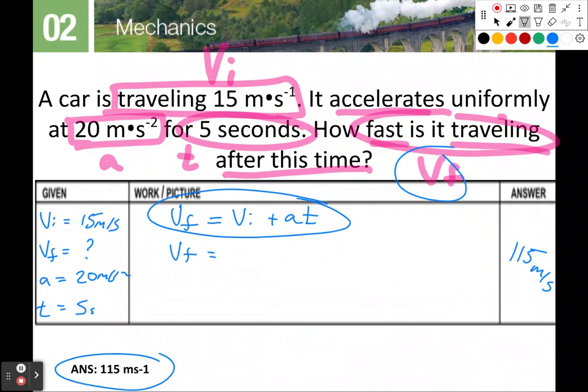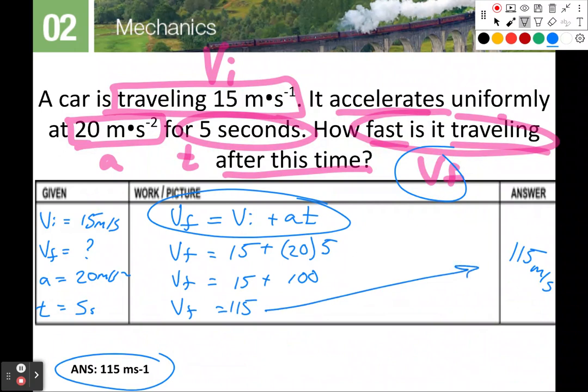V of i is 15, plus our acceleration is 20 times the time of 5. Simplify. V of f equals 15 plus 100. Well, if we add those two together, guess what we get? V of f is 115. Now we say that's velocity, so that's measured in meters per second.